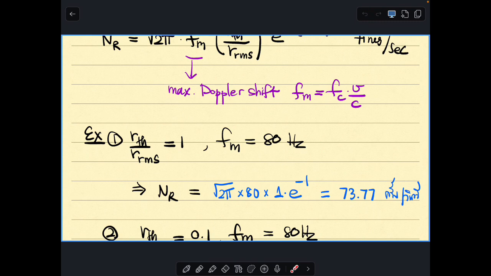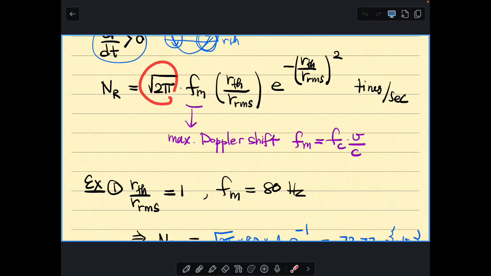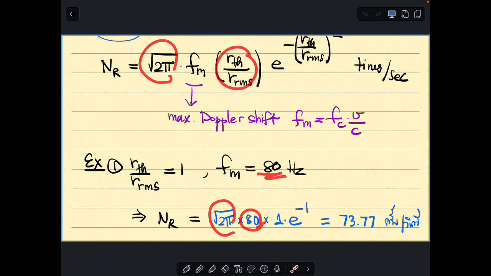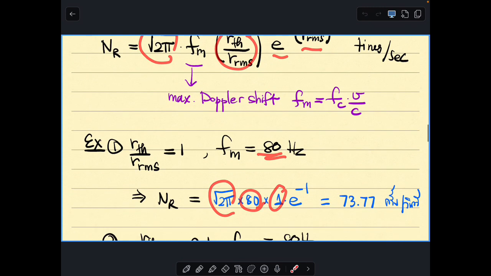For example, if we set this threshold equal to the root mean square, we set them to be equal, that means the ratio is equal to 1. Let's say the maximum Doppler shift is equal to 80 hertz. So we can use this formula: square root of 2 pi, Fm is 80, this is equal to 1, and then e to the power of minus 1.